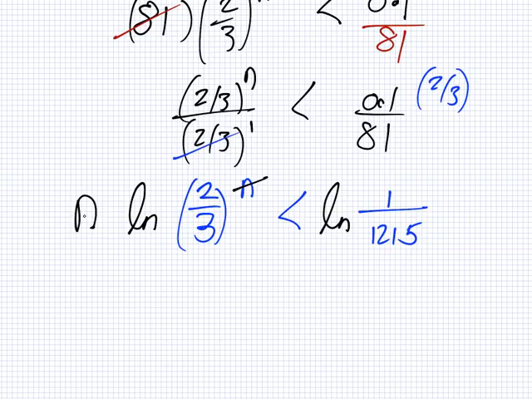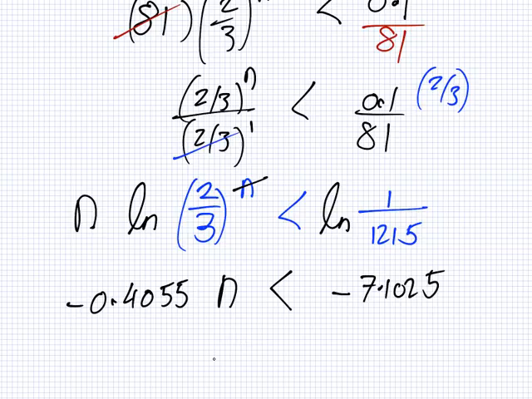It's going to be minus 0.4055 n is less than log 1 over 1215 is less than minus 7.1025. So that means n is bigger than. Why did I change the sign? I divide by a minus. So n is bigger than 17.5.